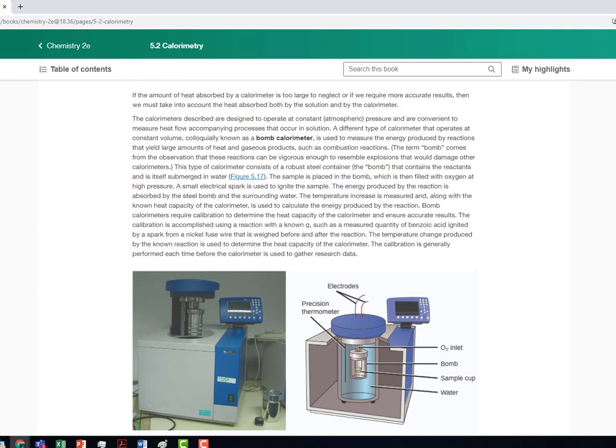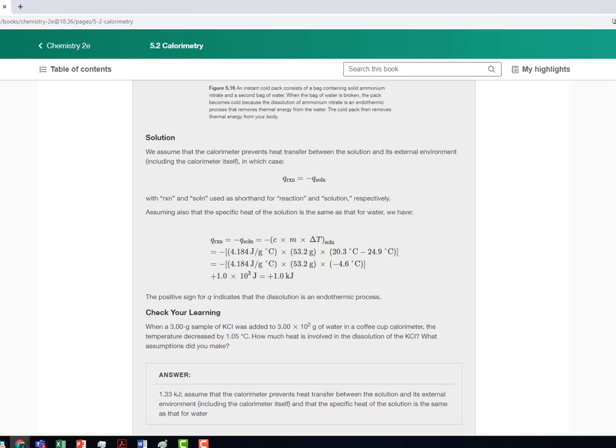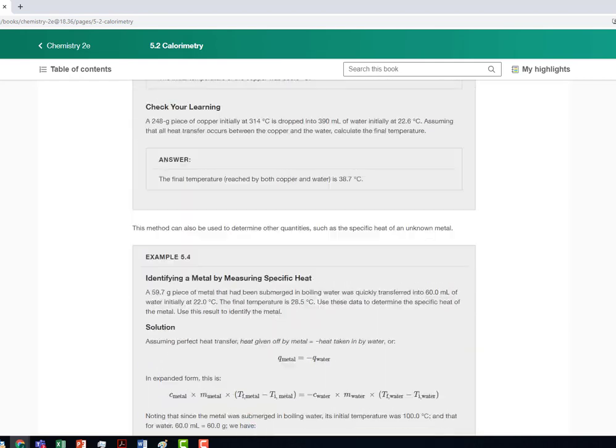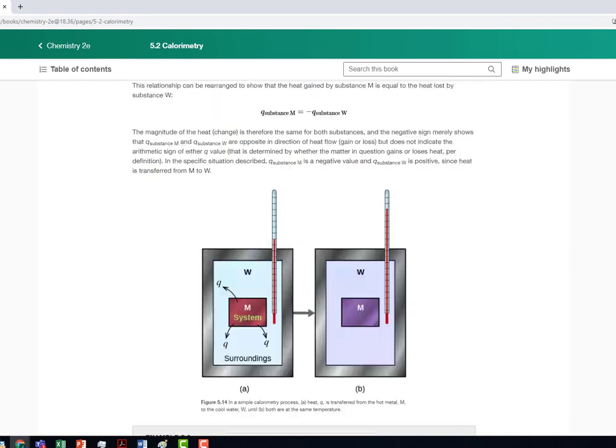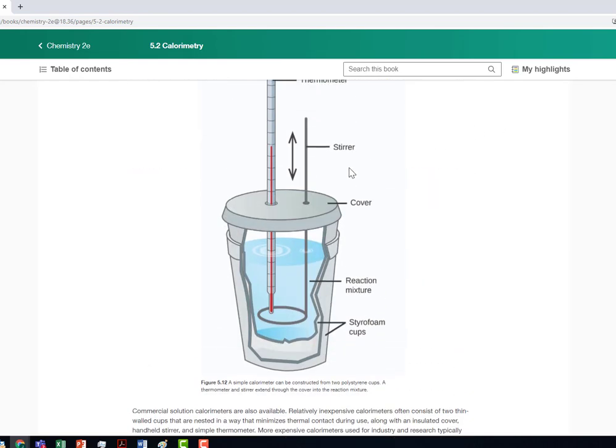This is called a bomb calorimeter. In a bomb calorimeter, we do it a little bit differently. We put a sample inside of a sealed container. So this container is sealed, compared to the one we had for this example, which was open to the air.